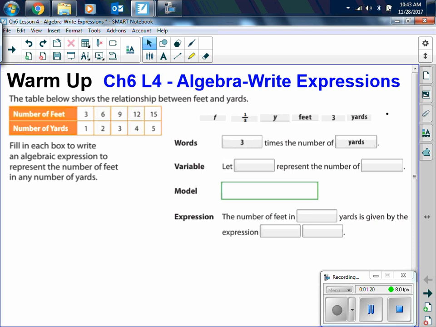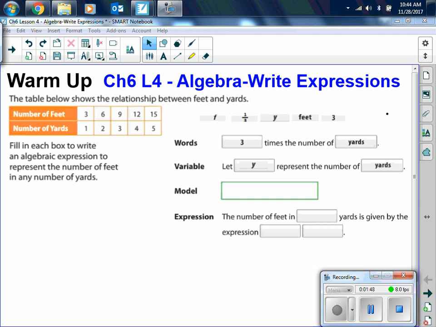Okay? So now, what is it? Let's go ahead and let y represent the number of yards, because that's what we're multiplying, right? That's the one that changes. So here we're going to let y represent the number of yards.